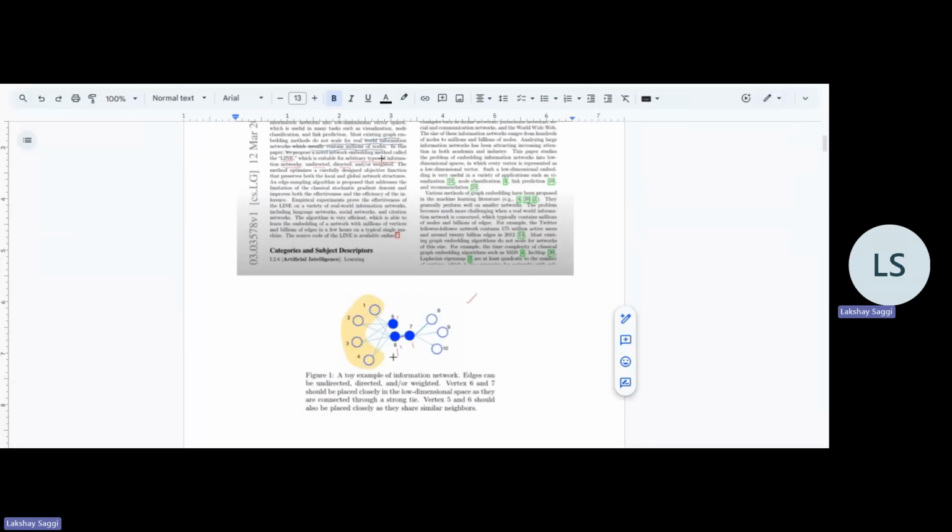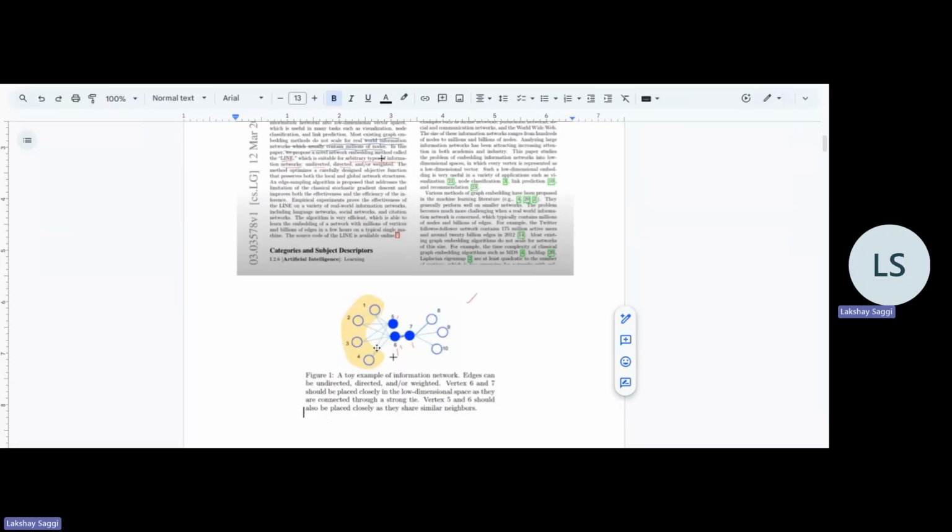Since they have a direct and very strong connection, LINE network says that if two vertices are connected directly by a very strong edge, then they should be close to each other in the graph embedding also. Even if we are embedding the vertices in a low dimensional space, these vertices should be close to each other because they have a very strong direct edge.